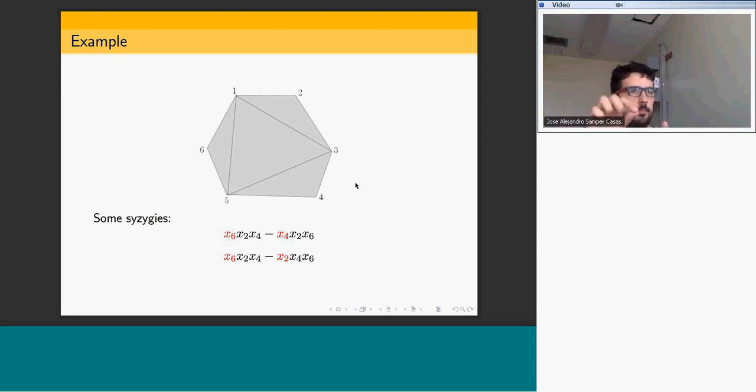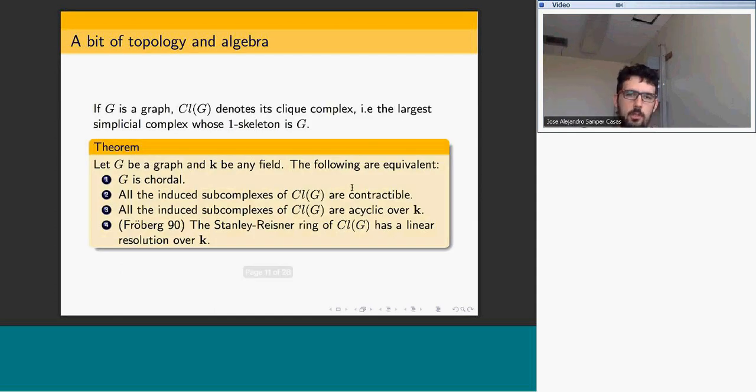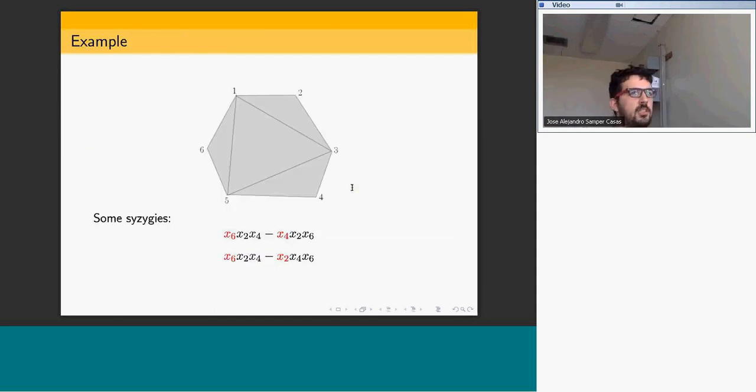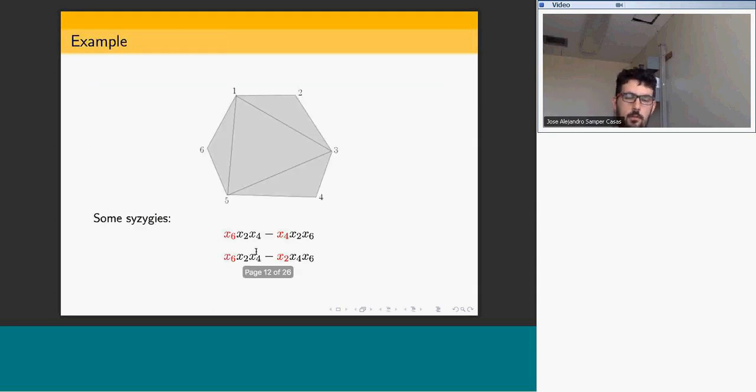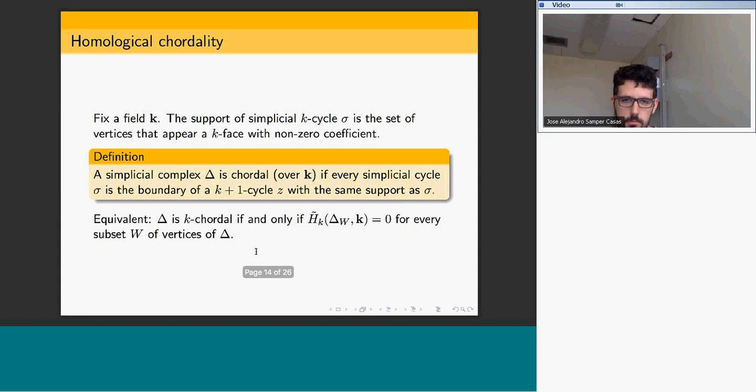So if I had a square with a point in the middle and a pyramid over it, that would be chordal, because I have a point in the middle in order to resolve the cycle.